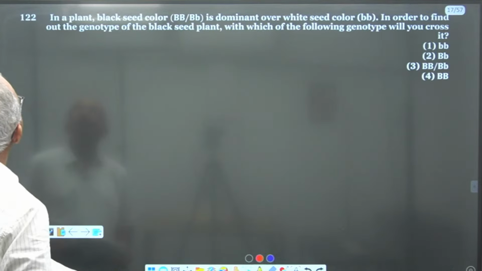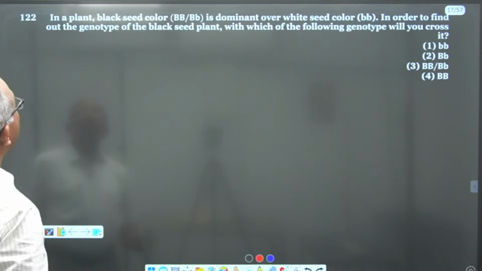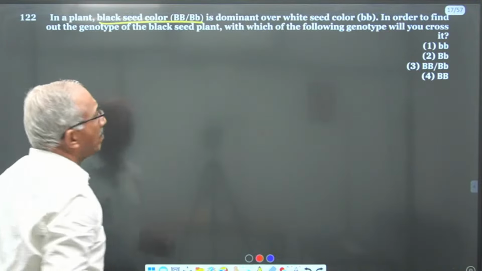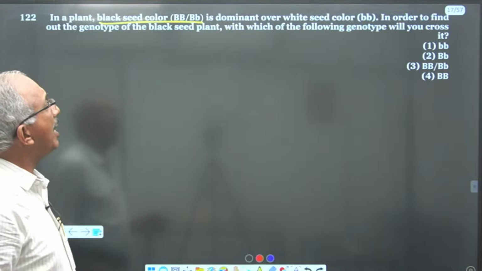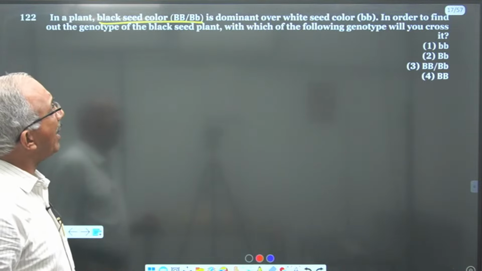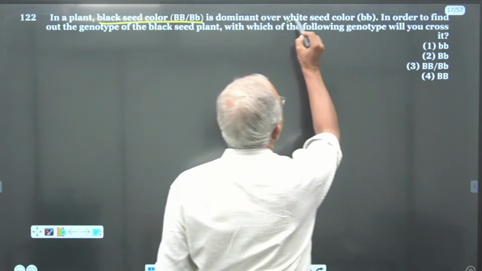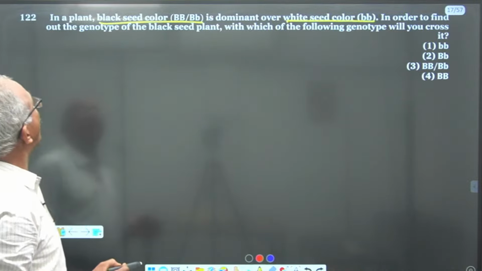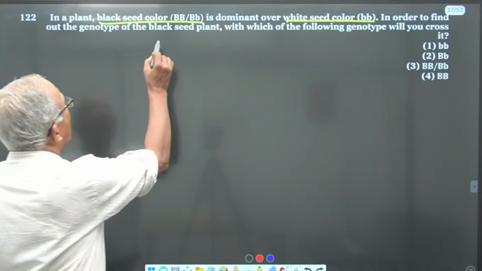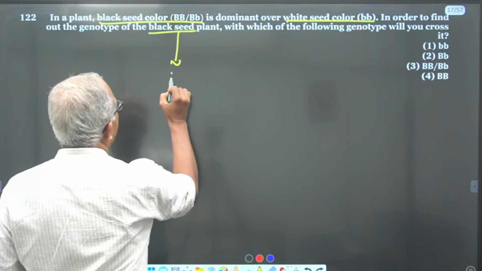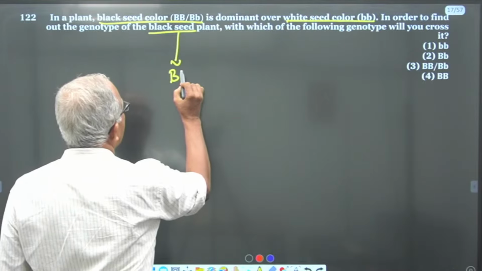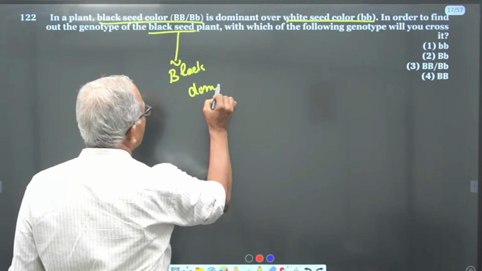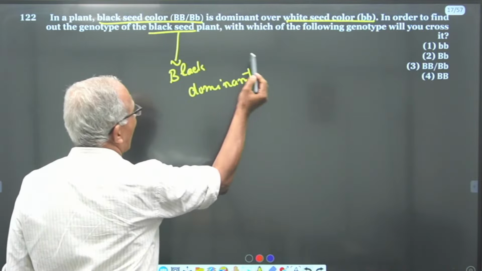Next, in a plant, black seed color, maybe capital B small b, is dominant over white seeded small b. In order to find the genotype of a black seed from the question, it is dominant. So a plant is showing a dominant character.